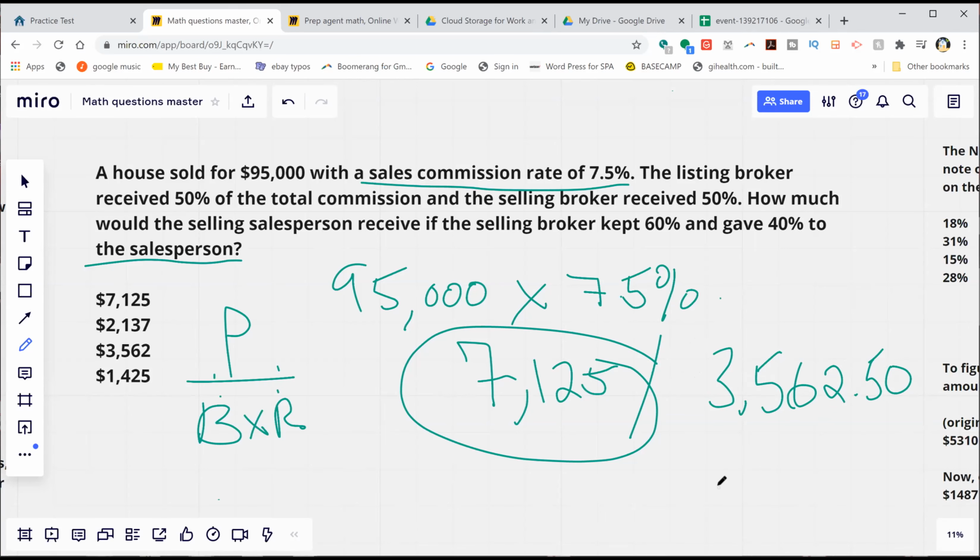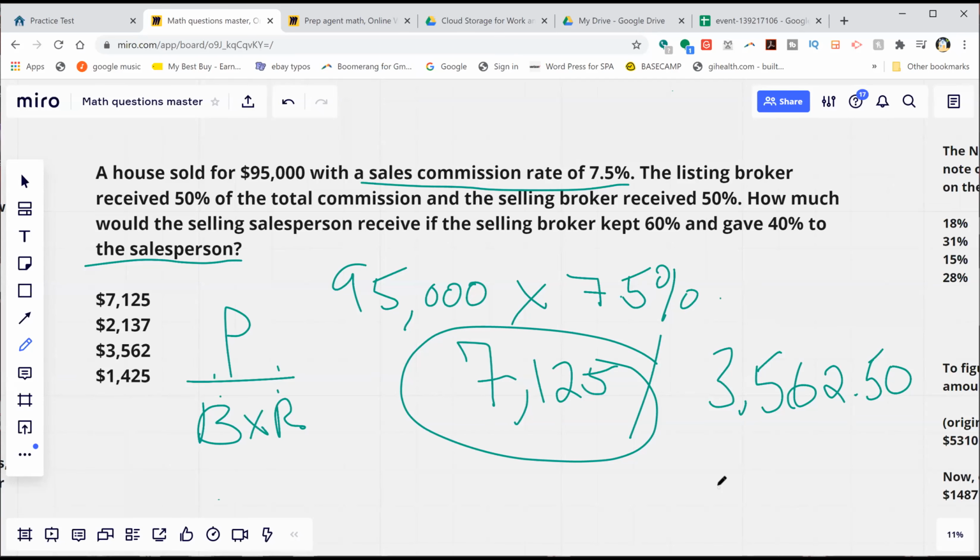They're going to refer to the buyer's agent or the buyer's broker as the selling broker or the selling agent, okay? Some people get confused with that if you're not used to seeing how they use the verbiage.